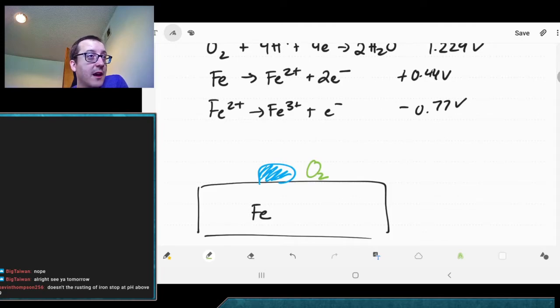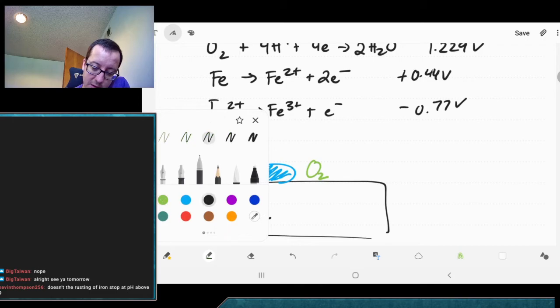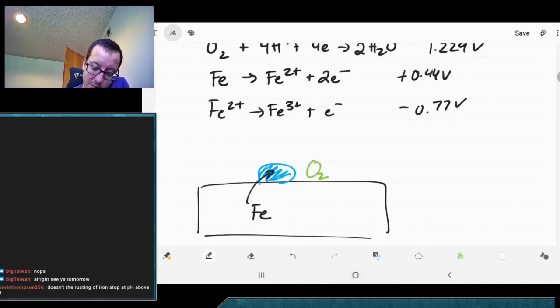As soon as you have water interacting here, your iron is going to become Fe2 plus here. As a result, if you want to have ions, they need to have a place to migrate to, right? So you have to have the aqueous environment for them to work.